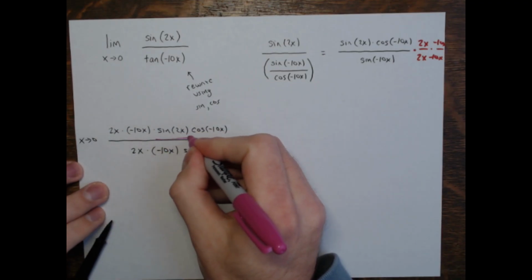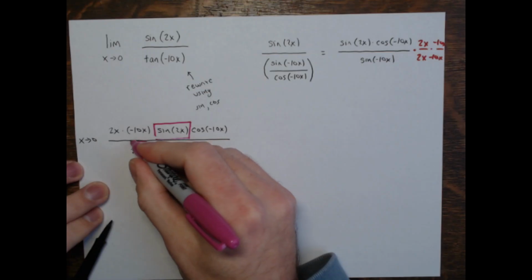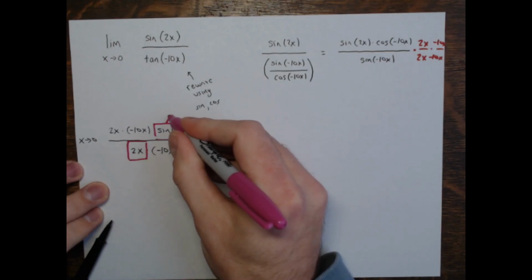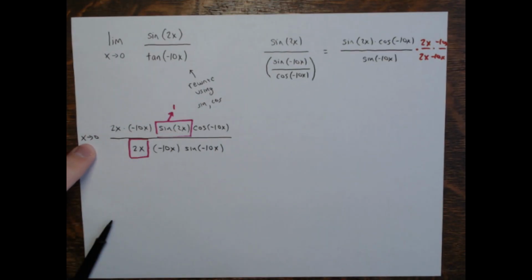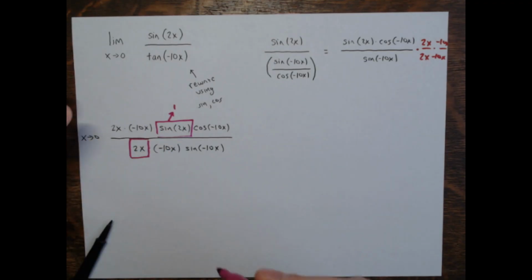So then this sine of 2x divided by this 2x, those are approaching 1, since if x is going to 0, 2x would be going closer to 0 as well.